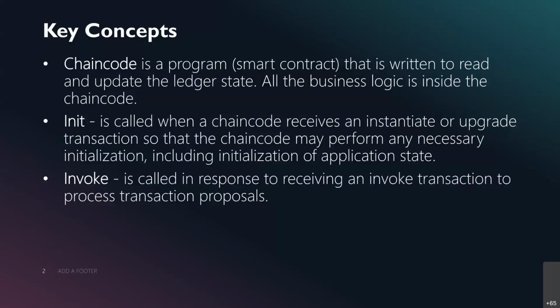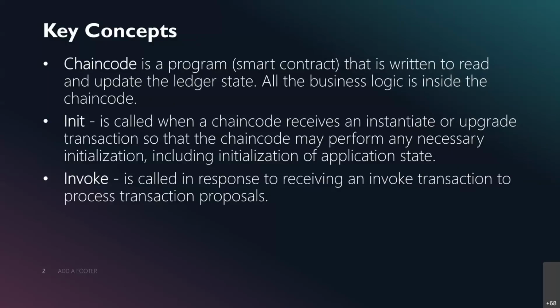So when you're instantiating a chain code, init is called. It may perform necessary initialization, like creating the assets of your application. Creating an asset might be as small as a phone directory, or in insurance, something else. So the initial asset you have to create when you run your chain code will be in the init function.